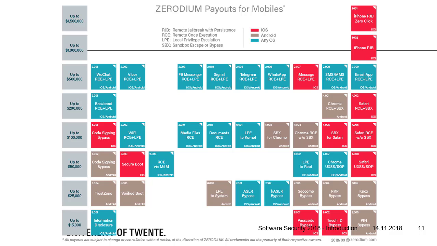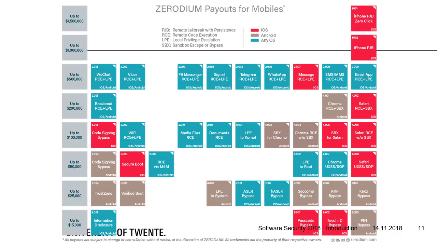So when you, for example, manage to build a malicious website, and when that website is visited with an iPhone, it triggers a vulnerability in the iPhone browser, and then a new app is installed on the iPhone with high privileges, and that's iPhone remote jailbreak with persistence, and 0-click means that no interaction from the user is required. Then you get $1.5 million US.